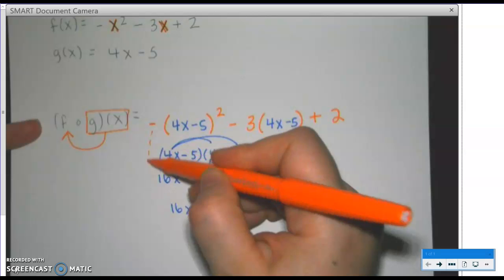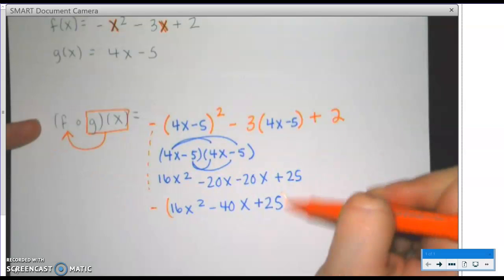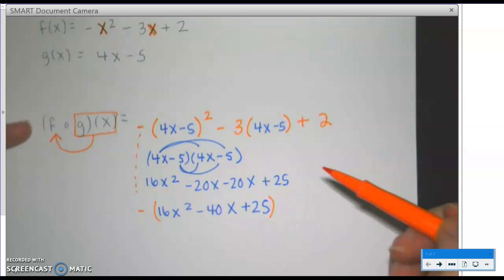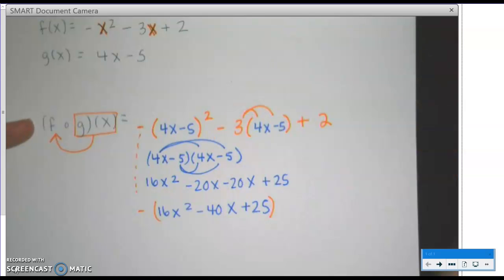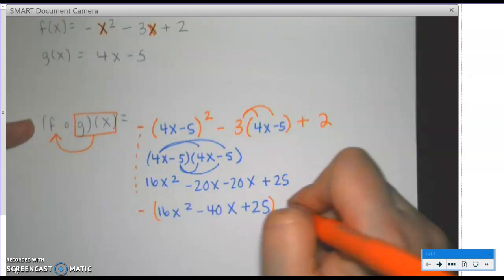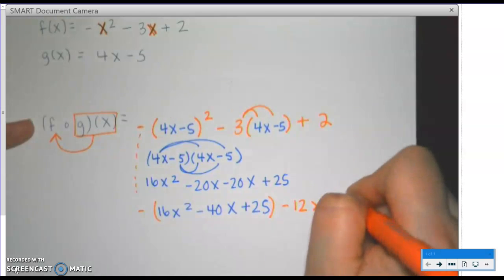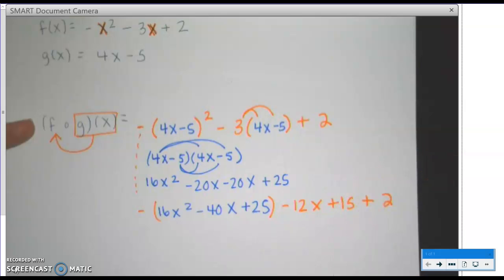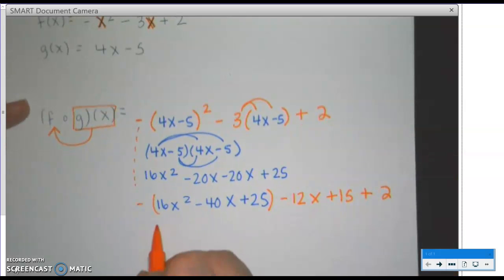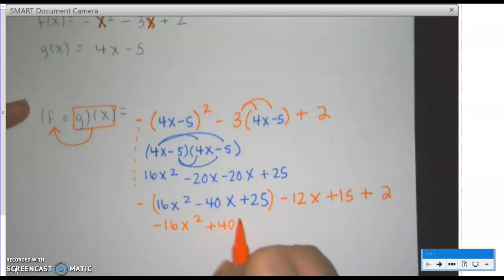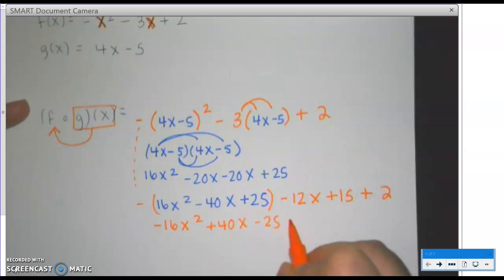Now this had a negative out front, so that counts as something that needs to be distributed after you multiply. All right, I'm also going to go ahead and distribute that. So -3 times 4x, -3 times -5, and I'm going to bring down that +2. All right, so now I'm going to distribute this negative sign. I'm just going to drop all that down because I have nothing left to multiply. And now I just need to look for and combine all of my like terms.